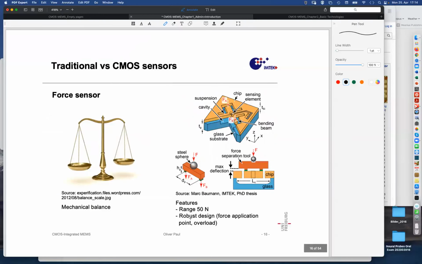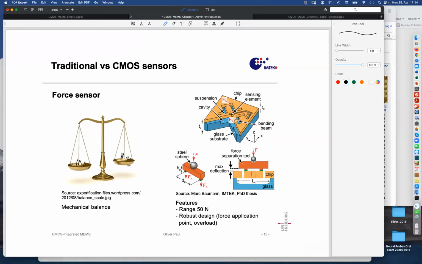And here is a mechanical idea, a force sensor. This scale is made to measure the weight, mass 1 versus mass 2, to compare masses.